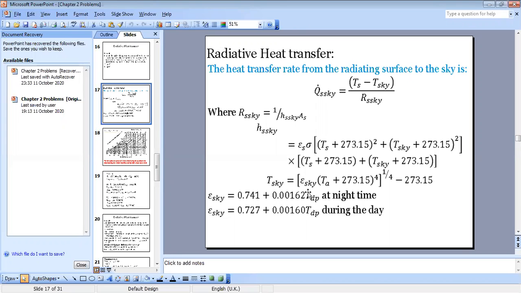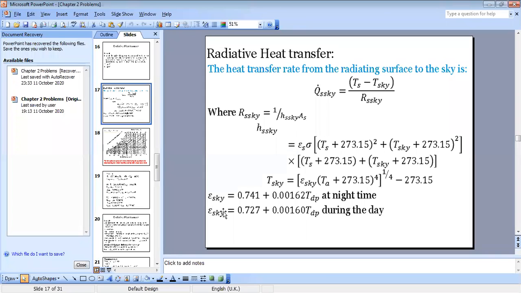Inside the equation of H, which is the coefficient that gives you the resistance between surface and sky, you need to find the temperature of the sky. The temperature of the sky is a function of epsilon of the sky.